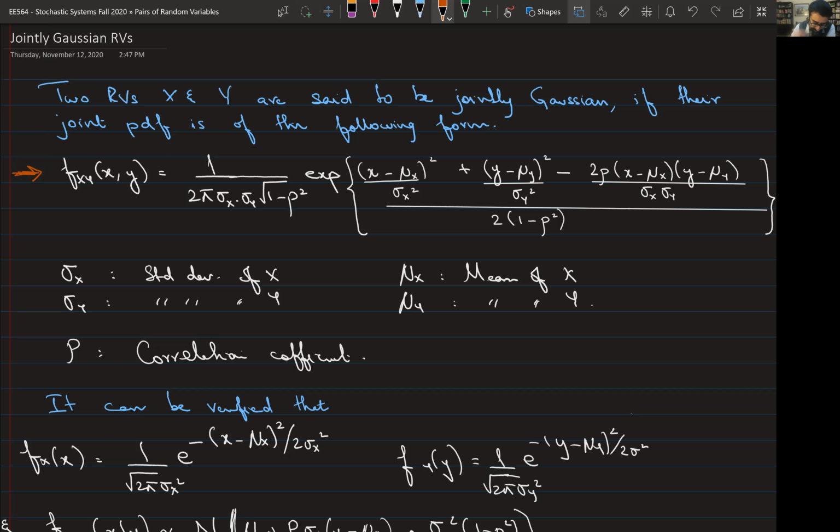So would it be 0? Yes, right. So when the correlation coefficient is 0, that's when two random variables are uncorrelated.